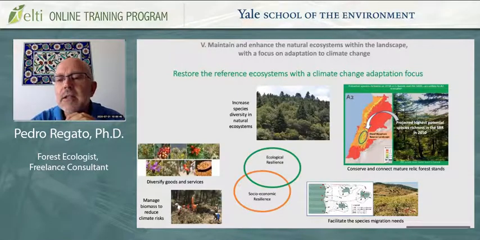And one of the objectives in terms of climate change adaptation was to conserve the remnant forest stands, but also to promote connectivity among these forest stands in a way that we can facilitate regeneration and the establishment of a larger forest area that has more functionality, integrity, and is more resilient to climate change.